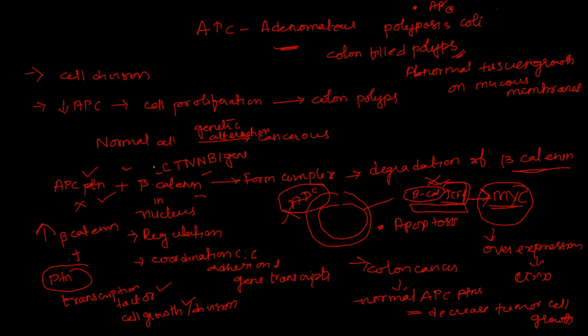If it is not, the increased level of this thing will be increasing. Then it will go and bind to another factor, and there will be cell growth and division, which is not good. And talking about the treatment side, when you introduce the normal APC, it has been shown to decrease the size or aggressiveness of the tumor. And I hope now you're clear with APC.